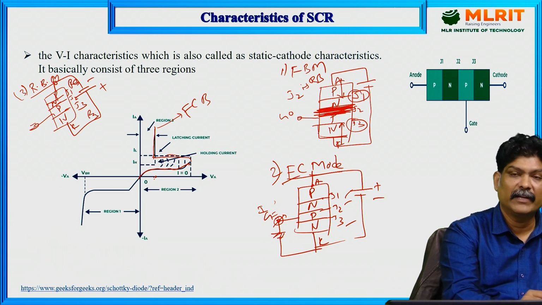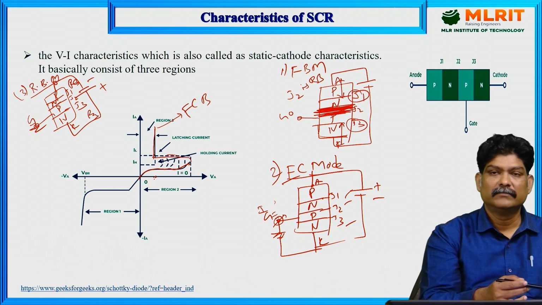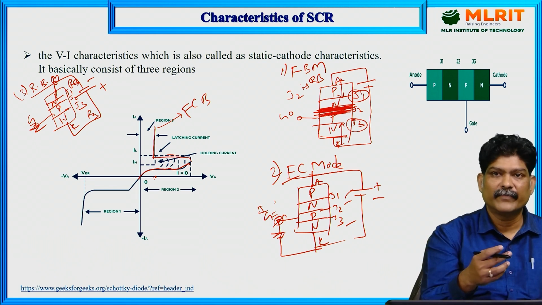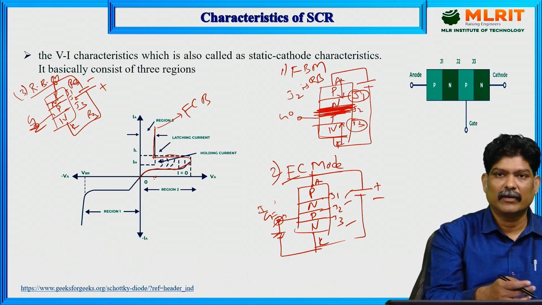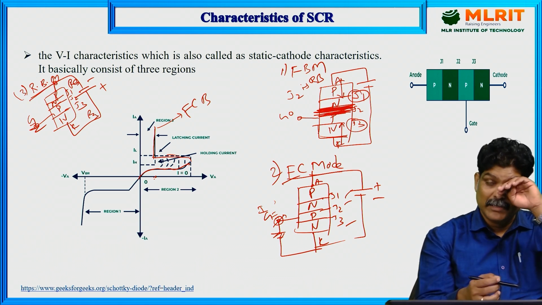Even though you are giving any voltage here, gate voltage, junctions J1 and J3 are reverse biased. So there is no current flow through the silicon controlled rectifier, and we can say this is reverse blocking mode, which blocks the current flow through the diode.